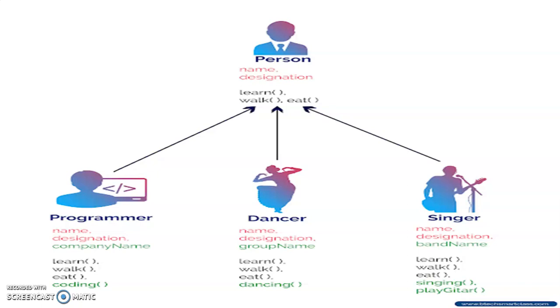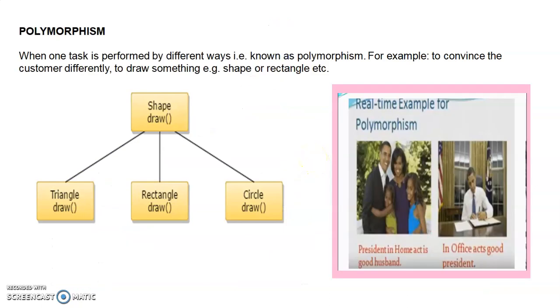And another subclass, that means creating a new derived class, singer. Singer can use data members like brand name, band name, and one more methods are singing and playing guitar. So these are all the things that are implemented in the inheritance concept, deriving a new class from the existing class, right?